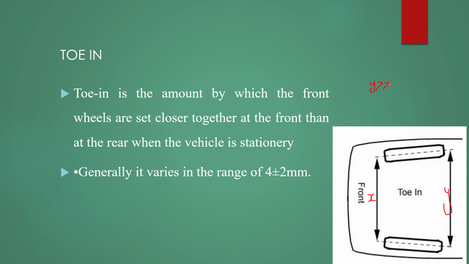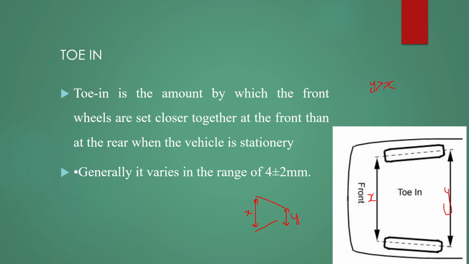Toe-out is the reverse of that: the front sides of the front wheels are diverged, while the rear sides are in a converged position. It will be like this, where this is x and this is y.